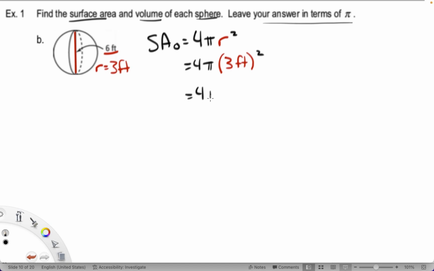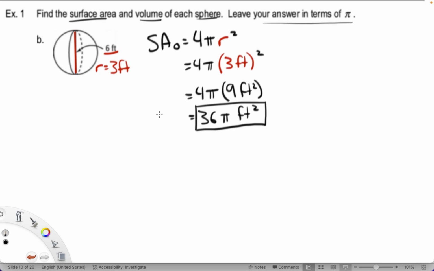So that's going to be 4 pi times 9 square feet, which is going to multiply out to be 36 pi square feet. So the surface area of this sphere is equal to 36 pi square feet.